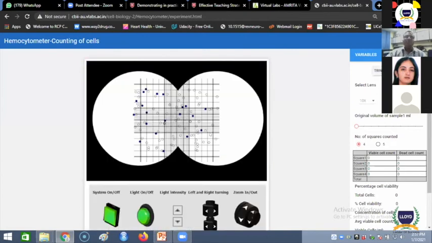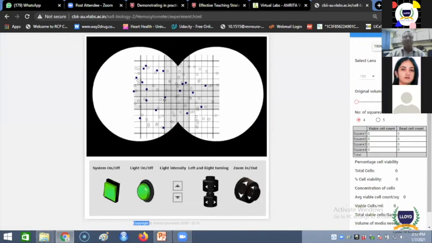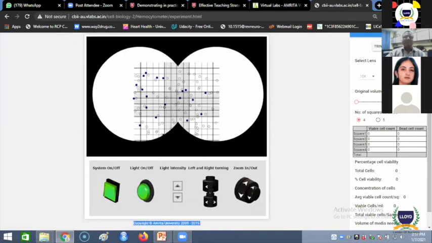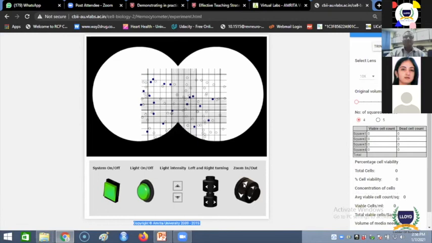See, what you are looking at on your screen now is a microscope under which this Neubauer chamber has been highlighted. Now the beauty of this particular resource is you can move the slide by using these controls which are there. Then you can focus it by using high power and low power.